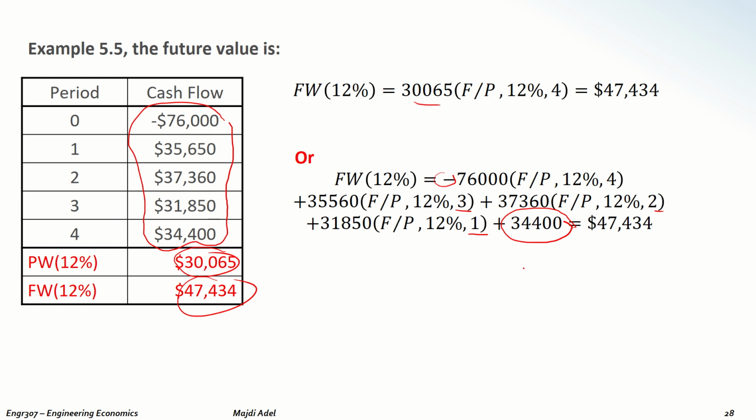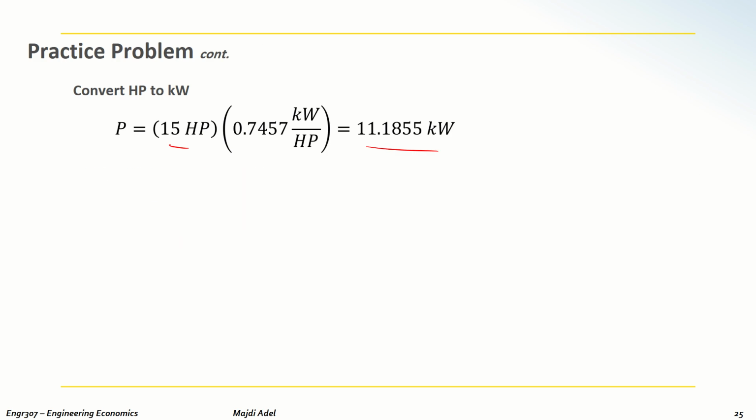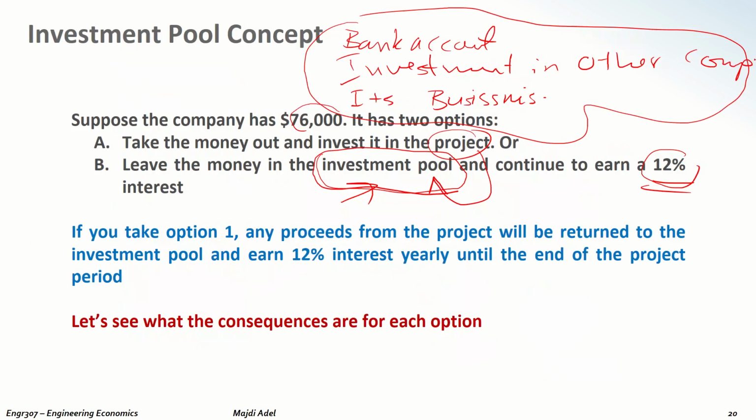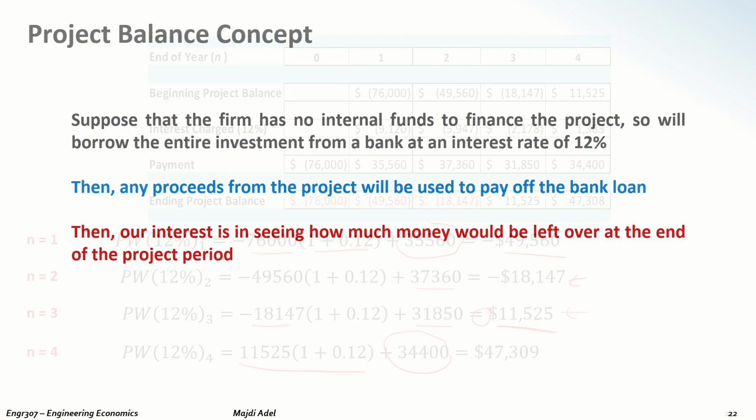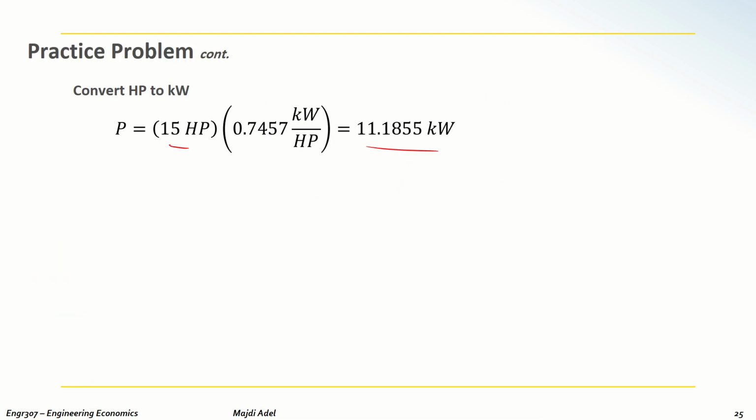And if you notice, this future worth is the same as the project balance at n equal 4. We will also discuss this when we come to rate of return analysis.